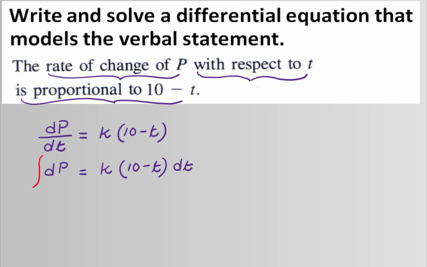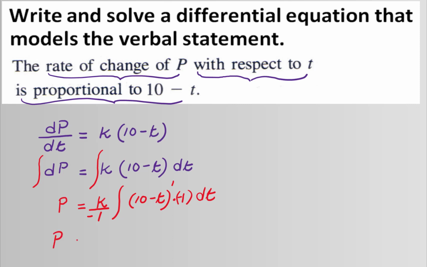Now, when we take the integral of both sides, we get p is equal to k times the integral of 10 minus t times dt. We need a -1 to be able to integrate, so we multiply and divide by -1.